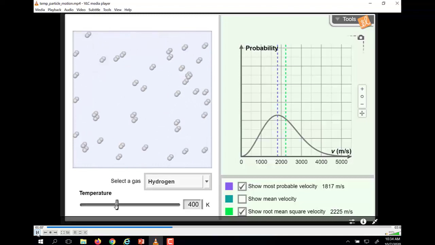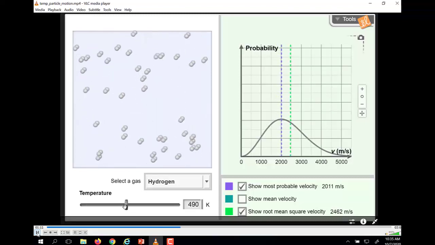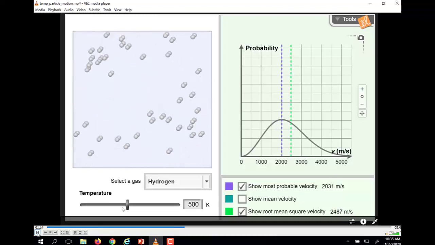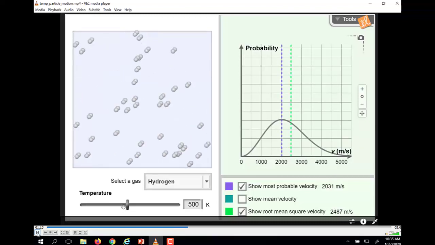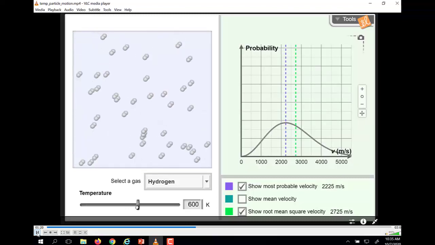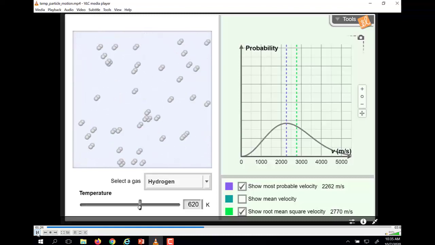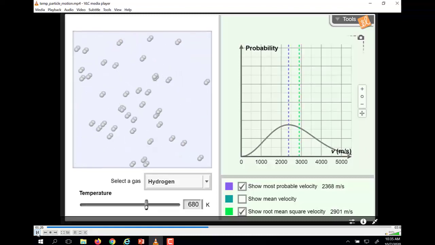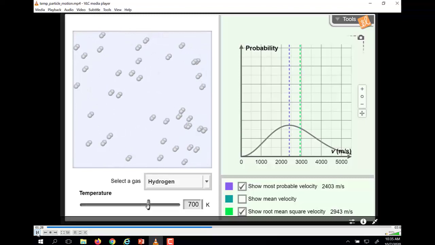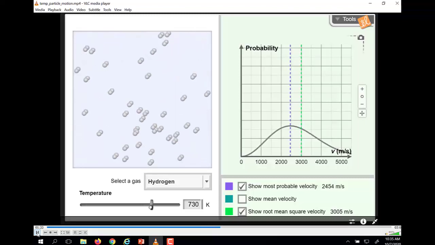As you can see, as we increase the temperature, the curve in this graph is flattening out, if you will. Fewer and fewer particles actually have the most probable velocity, but we have more and more particles at even higher velocities. And also you'll notice that the average velocity or the root mean square velocity gets higher and higher with these higher and higher temperatures in Kelvin.